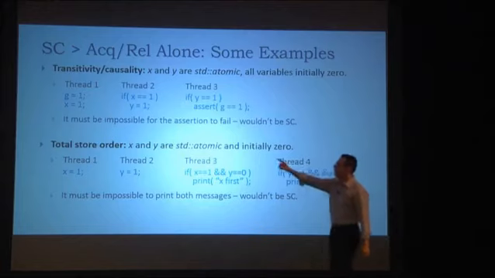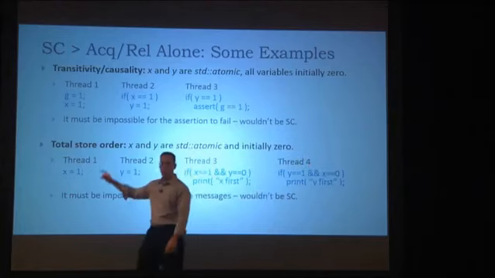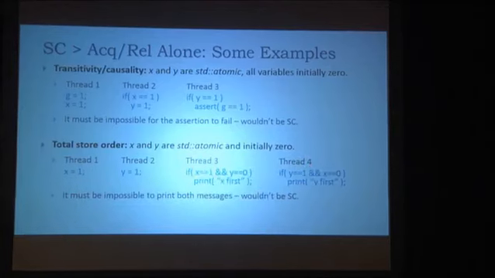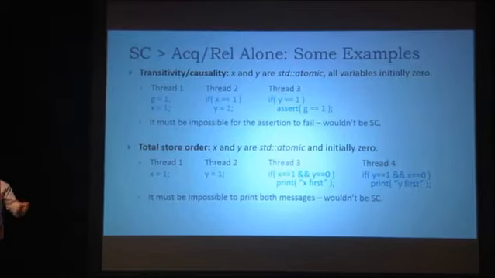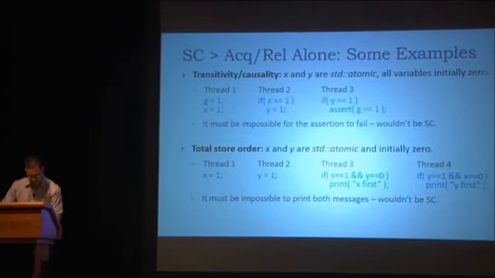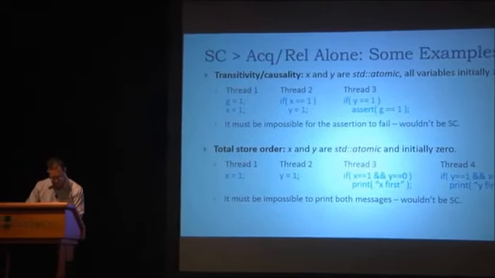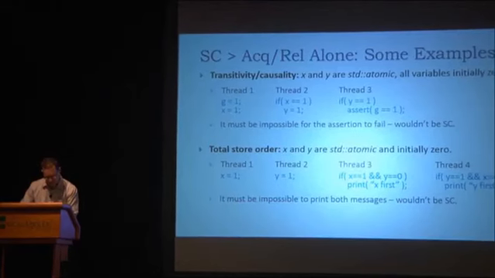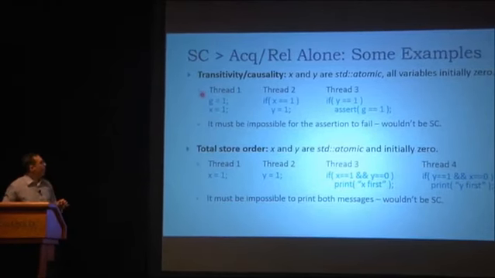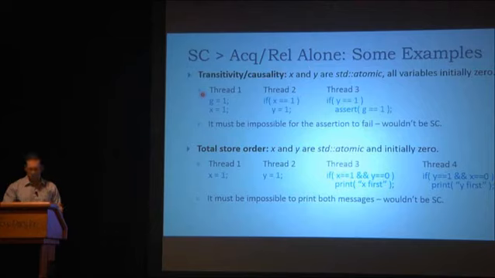Here, let me try something brand new that I've never tried before, which is always dangerous. So thread 1 sets g equals 1 and x equals 1. Once it's set x equals 1, it's done. Thread 2 says if x equals 1, then it's going to set y equals 1.